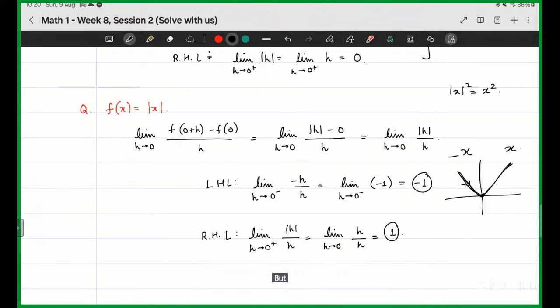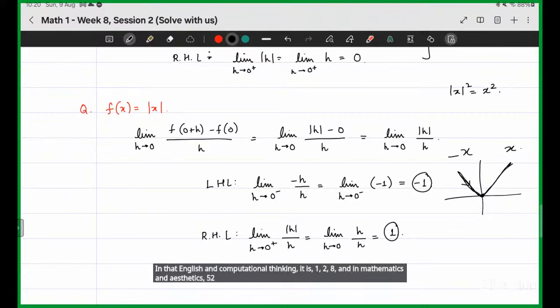But now for most of the subjects, it has been taken from week 1 to 8. Is that not the case with Math 1? Yes, only Math 1 is 5 to 8. In English and computational thinking it is 1 to 8, and in mathematics and statistics 5 to 8.